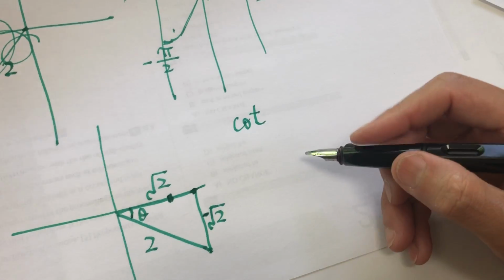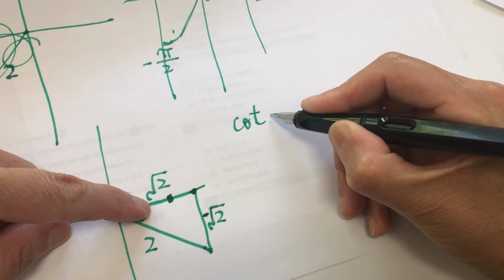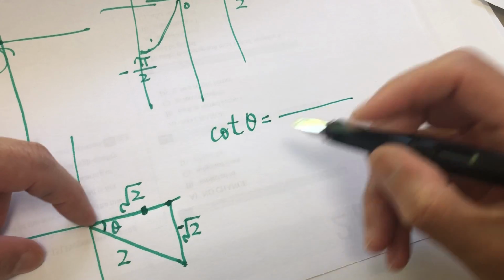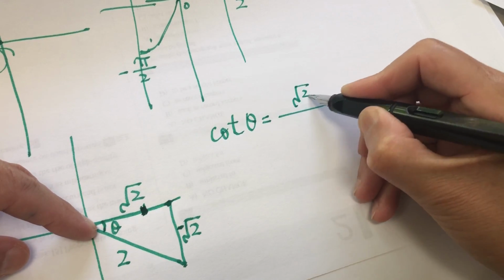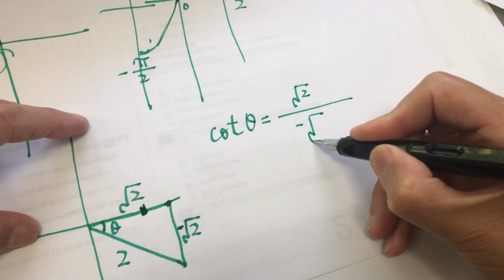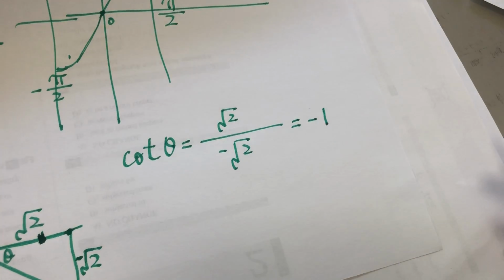So cotangent theta equals adjacent root 2 over negative root 2, which is negative 1.